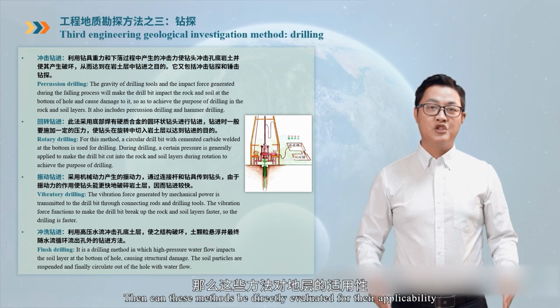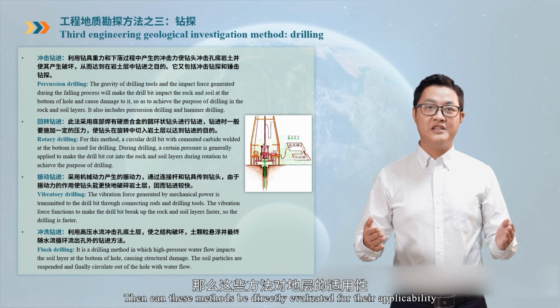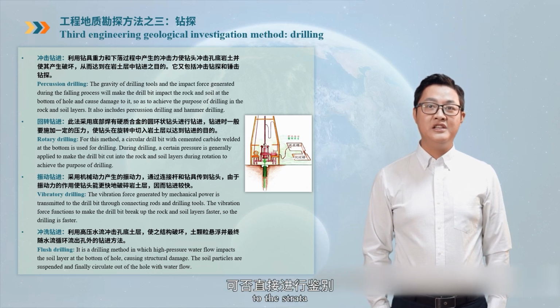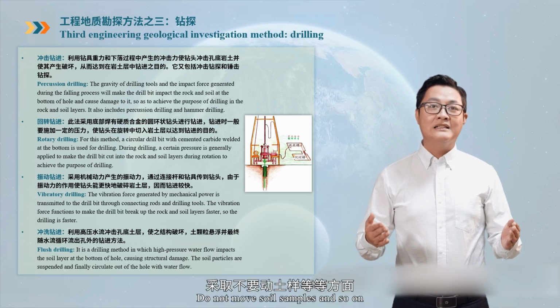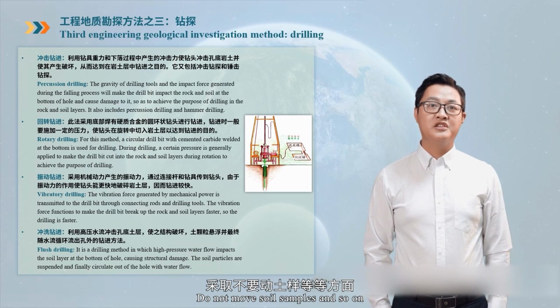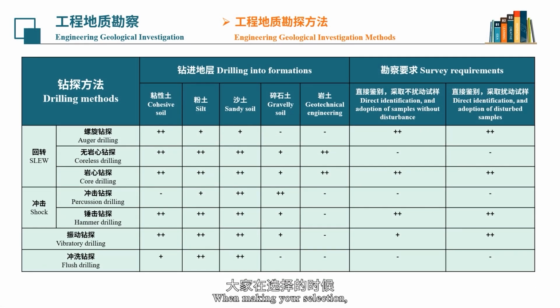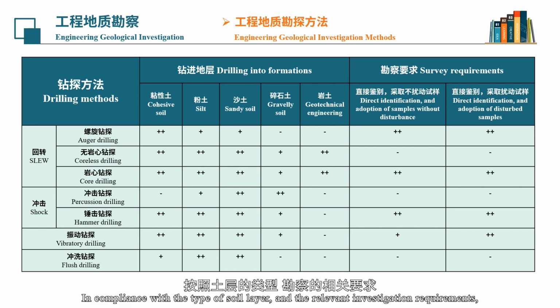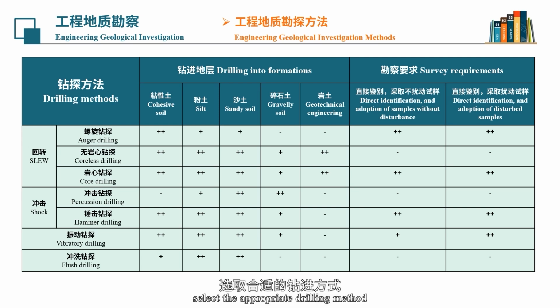Then can these methods be directly evaluated for their applicability to the strata? Whether they disturb soil samples and so on, there is a big difference. When making your selection, refer to this table for guidance. In compliance with the type of soil layer and the relevant investigation requirements, select the appropriate drilling method.